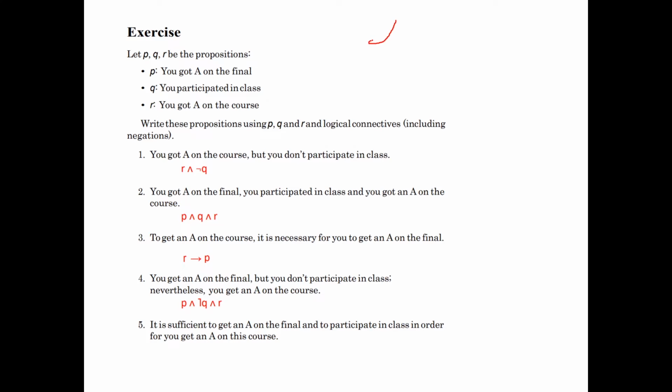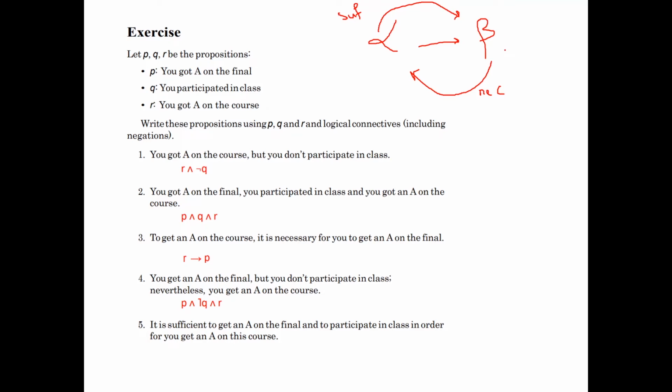Just a remark. Let's say we have alpha implies beta. We usually say that beta is a necessary condition for alpha, and alpha is a sufficient condition for beta. What does that mean?